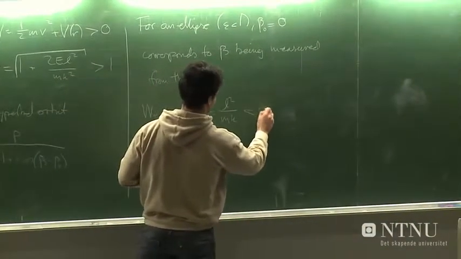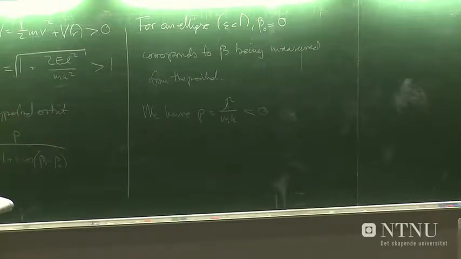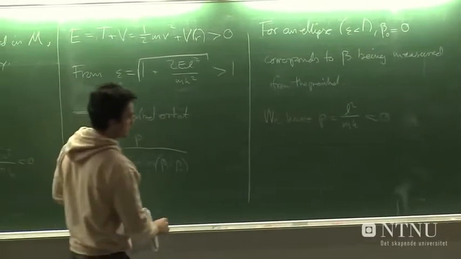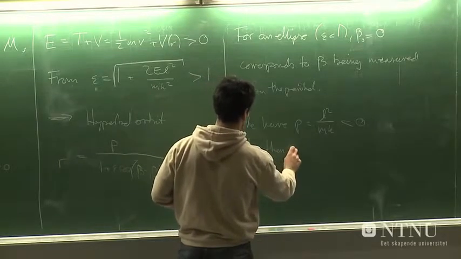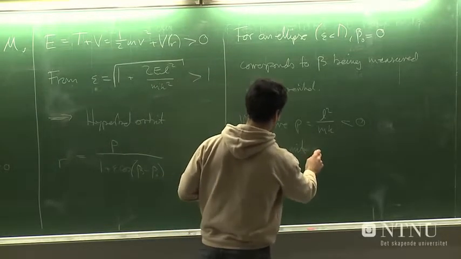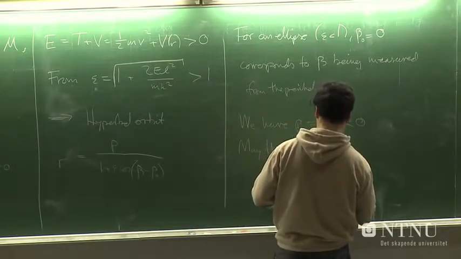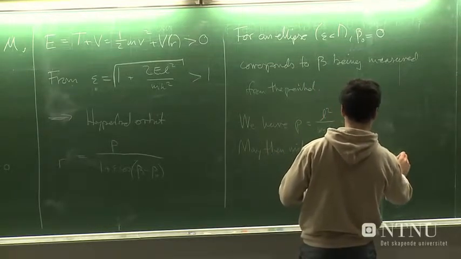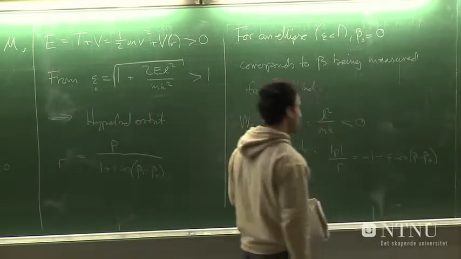So p is smaller than 0. And this means that we can rewrite this equation like this.